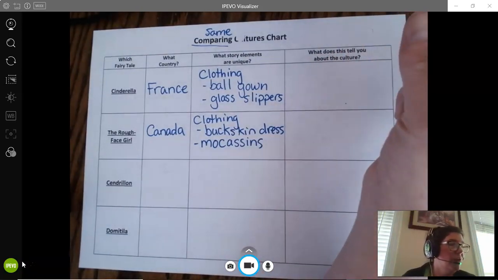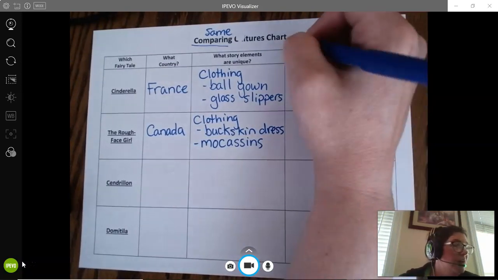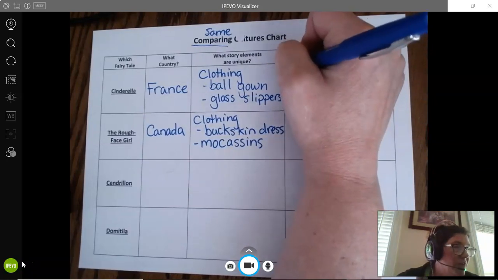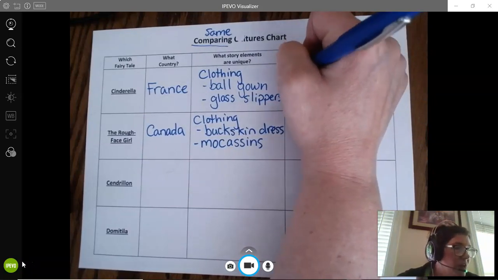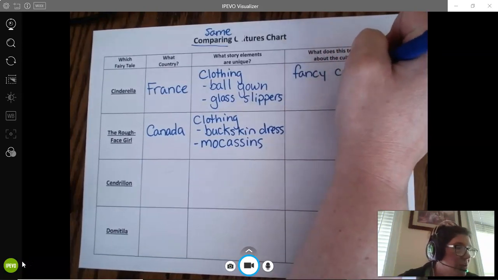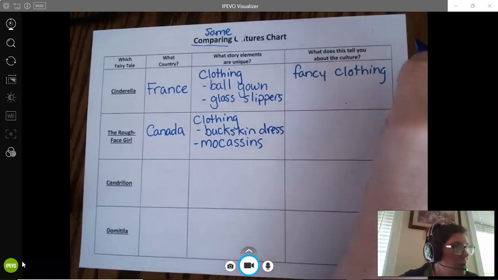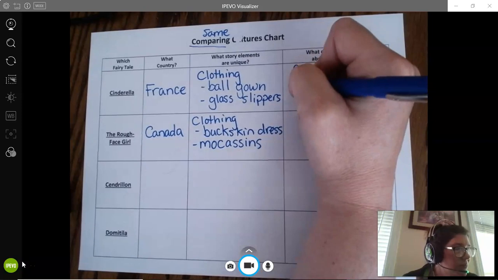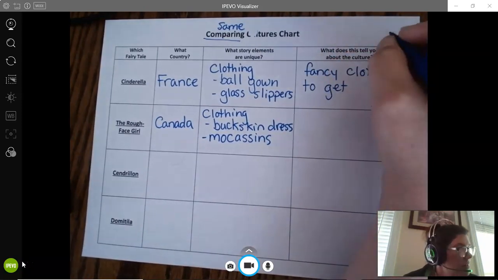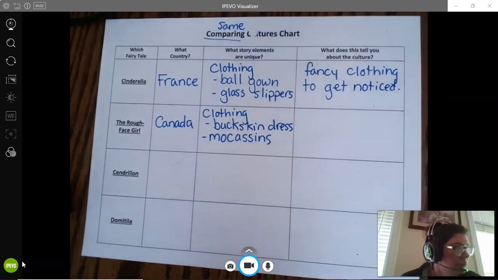So the clothing was very important to that culture, okay? You had to have fancy clothing to get noticed. Fancy clothing, that's one of our older fluency words, to get noticed, to be seen. Okay?